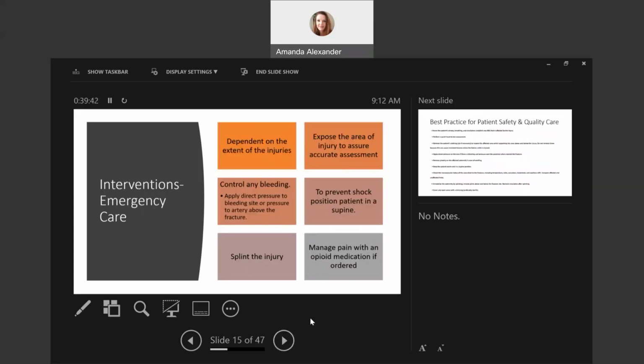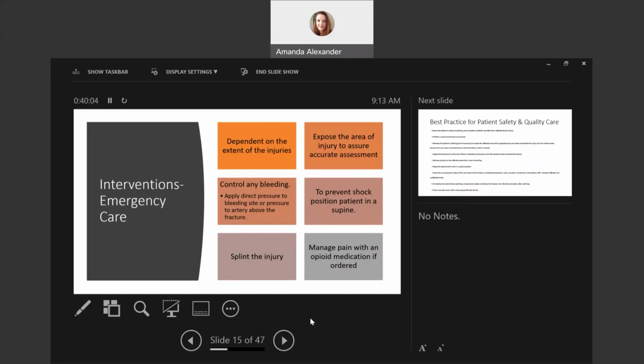Okay. Interventions for emergency care. So when a patient comes in through the emergency department, some of the things that we are going to do initially are we're looking at the dependent injury, and we're going to see how severe it is, right?